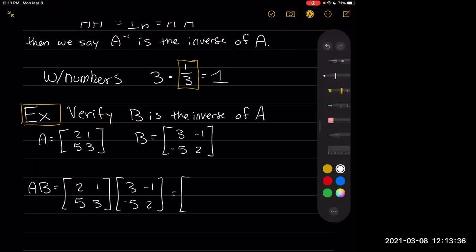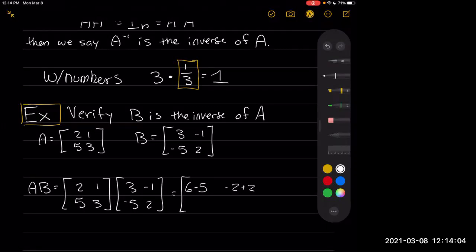So this is going to be, remember, we're going to multiply by doing row by column. So 2 times 3 is 6 plus 1 times -5, so -5. And then we're going to do row 1, column 2. We're going to do 2 times -1 is -2, and 1 times 2, +2. Then we're going to have row 2, column 1, 5 times 3.